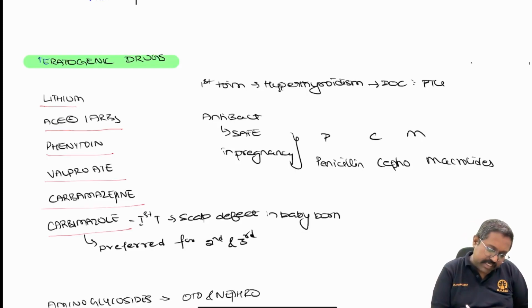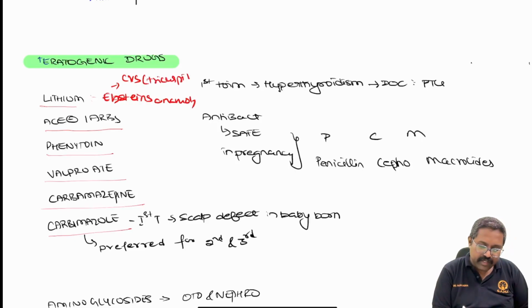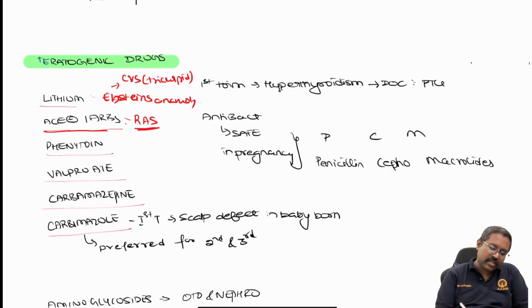So lithium usually causes Ebstein's anomaly. Please remember, lithium will cause Ebstein's anomaly. Usually it is a defect of the cardiovascular system. It will affect the tricuspid valve. ACE inhibitors can cause renal artery stenosis. Phenytoin can cause hydantoin syndrome.